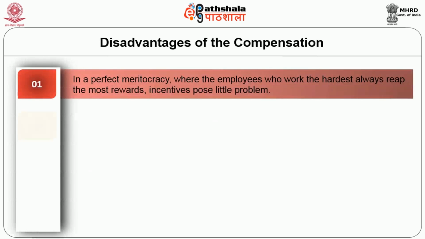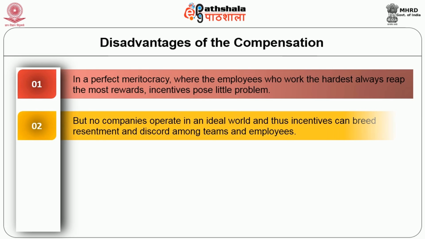At the same time, we also have some disadvantages to these types of compensation. In a perfect meritocracy, where the employees who work the hardest always reap the most rewards, incentives pose little problem. But no company or food service organization operates in an ideal world, and thus incentives can breed resentment and discord among the teams and the employees.